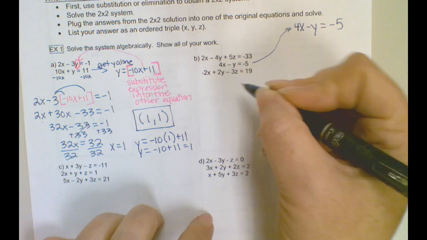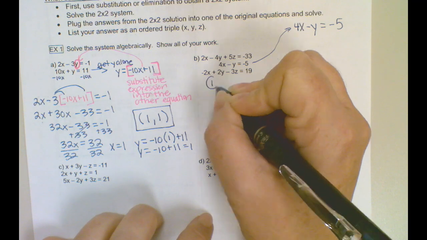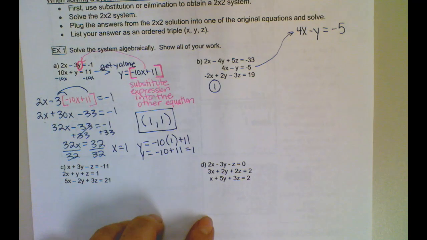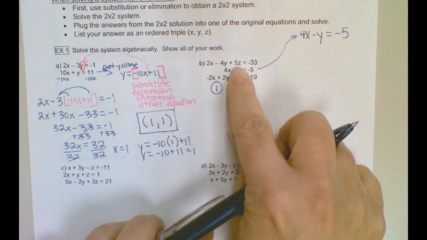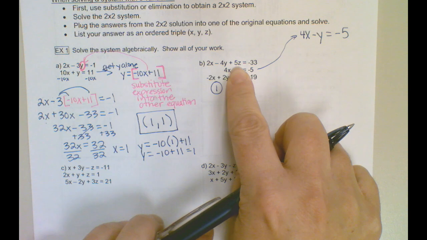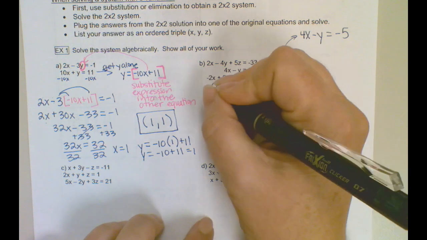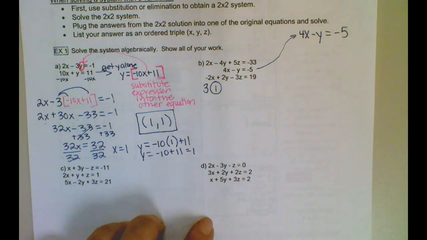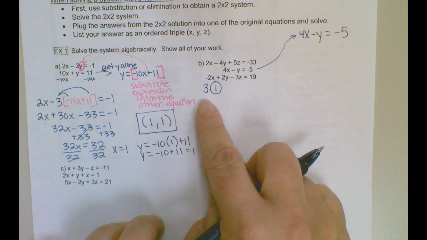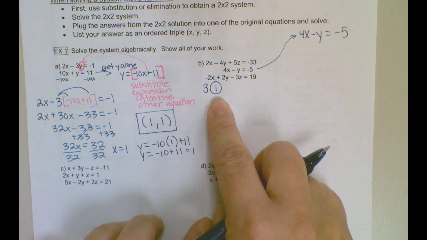So I'm going to take equation 1. So I'm writing a circled 1 to represent equation 1. In order to make that a 15, where it's currently a 5, I need to multiply it by 3. So I'm just going to write a 3 out in front. So that's representing that I'm taking 3 times equation 1.